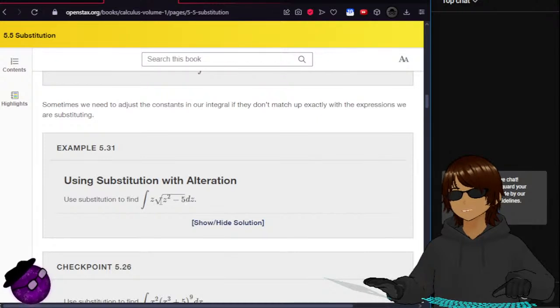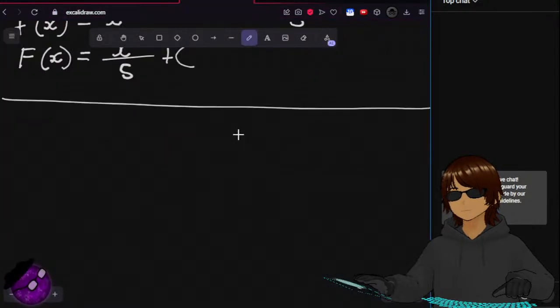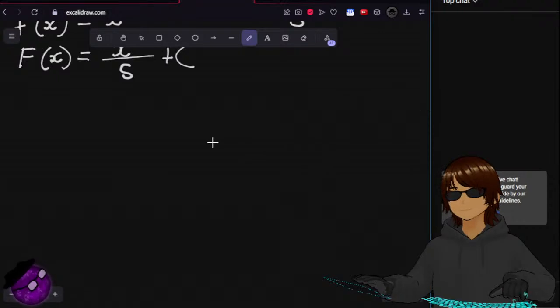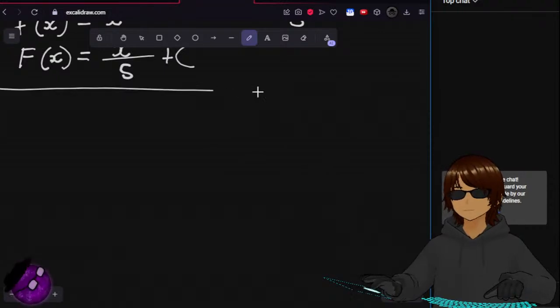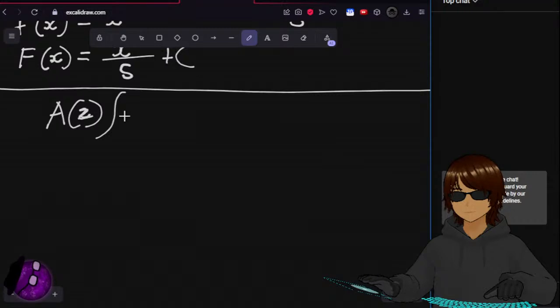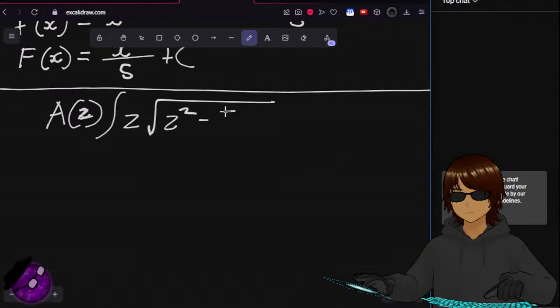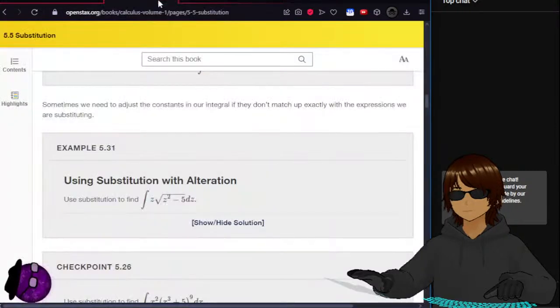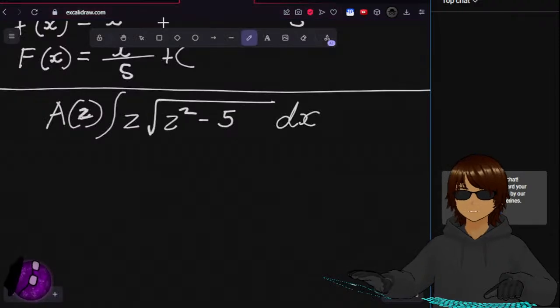Integral of z times the root of z squared minus 5.